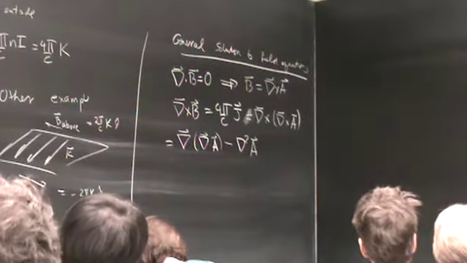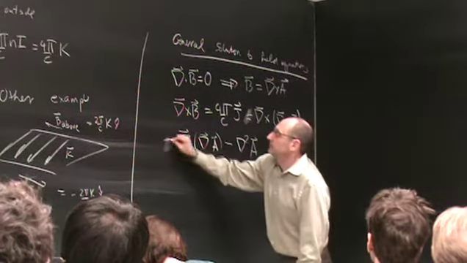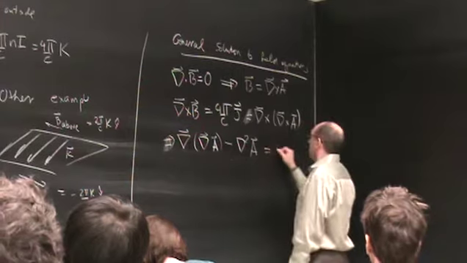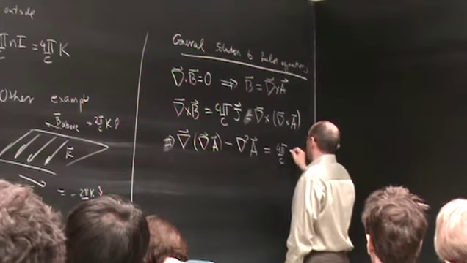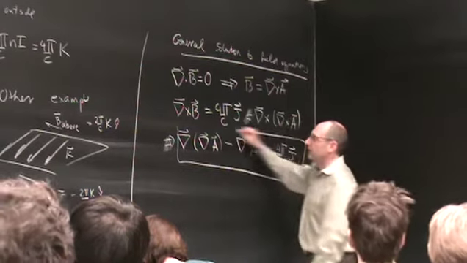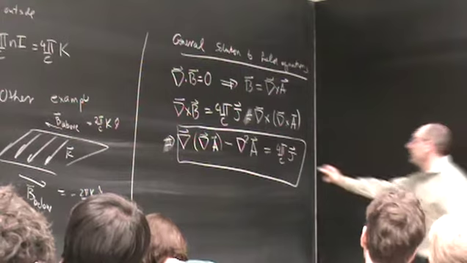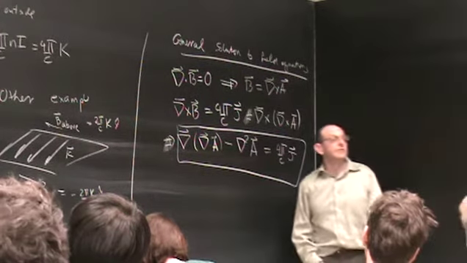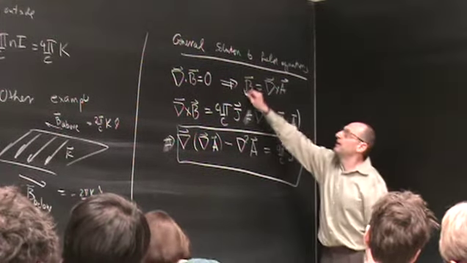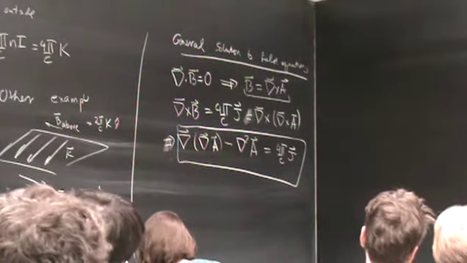Okay? So this is the general PDE that relates the source to the vector potential. And once we have the vector potential, we can find the magnetic field by taking the curl.